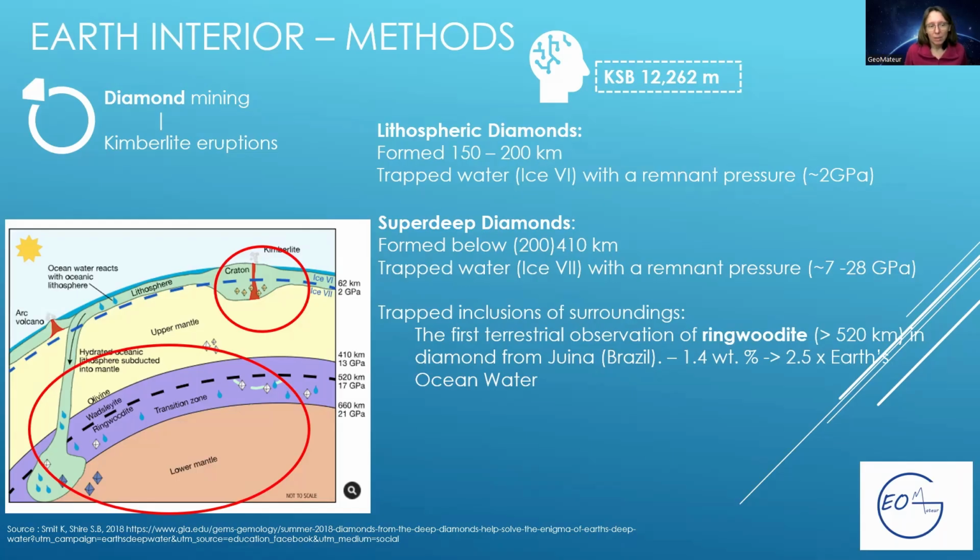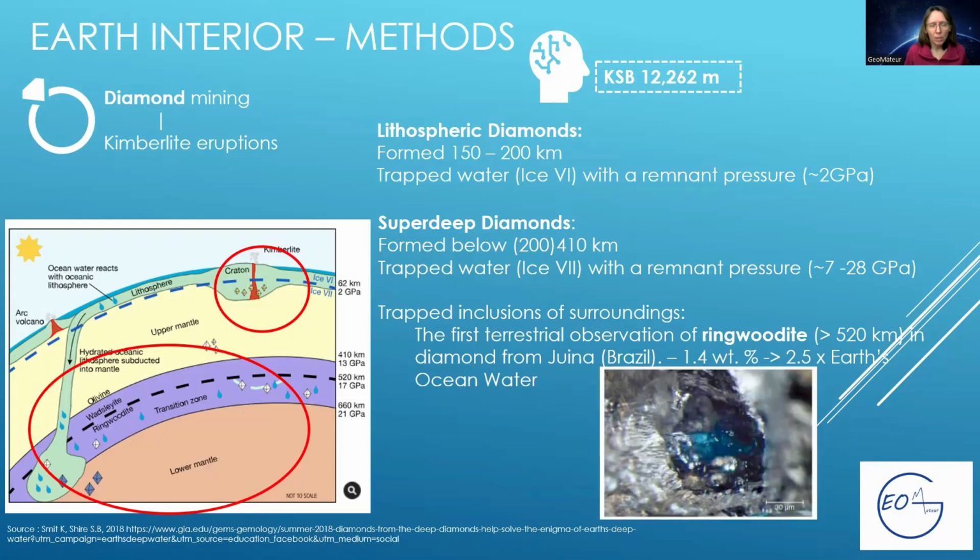In this particular diamond, we found that there is 1.4 weight percent of water, that is 2.5 times more than Earth's ocean water on the surface of the Earth. The ringwoodite is a beautiful mineral, a little blue one.